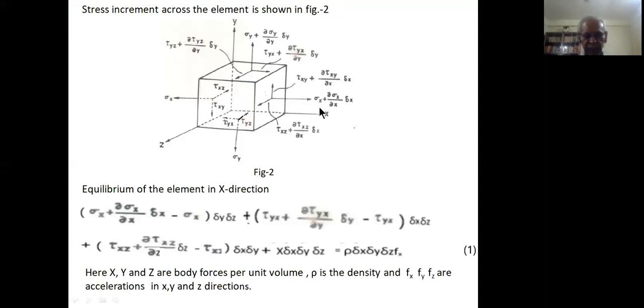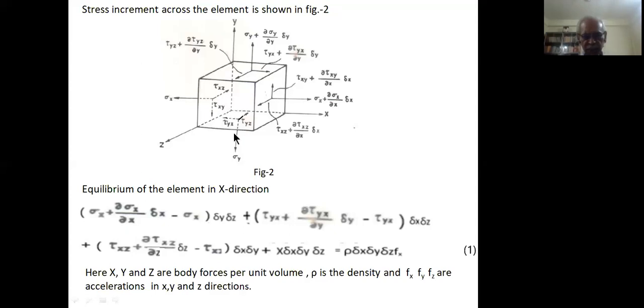Similarly, tau xz, it was acting towards the origin, and here it is acting away from the origin, and it has an increment del tau xz by del x into delta x. The same thing is shown in the y direction.